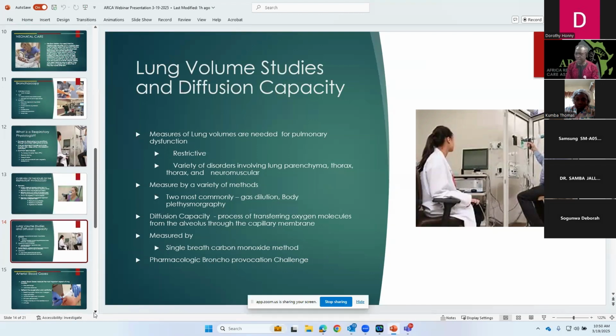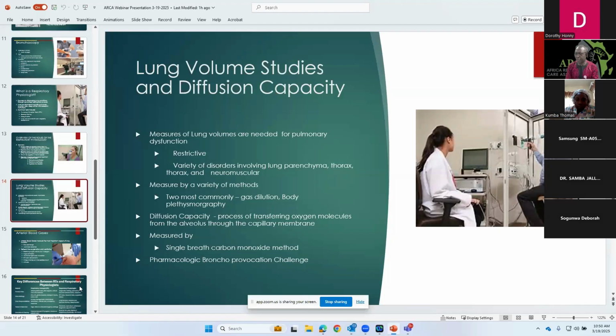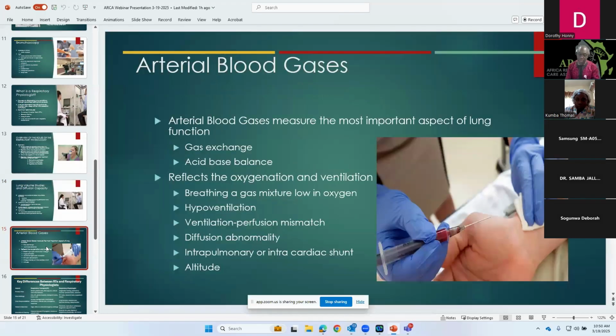Another thing that respiratory physiologists do, which respiratory therapists also do, is blood samples. We call it blood gases. You run the blood through a machine, and the machine looks at all the different elements in that blood. It gives you your acid base status, which is measured in your pH. A regular pH is between 7.35 and 7.45.